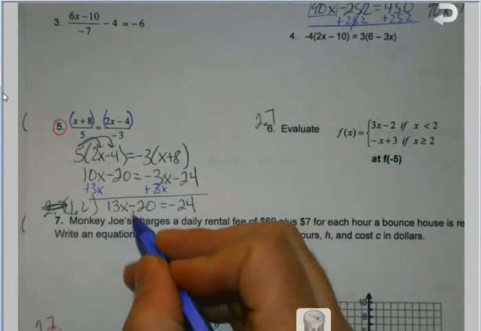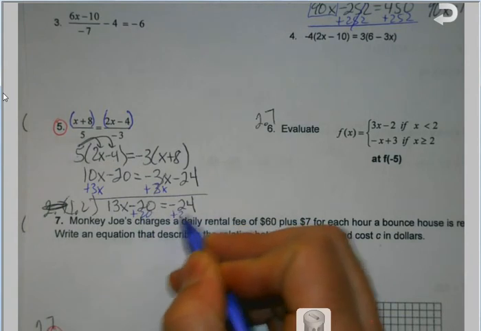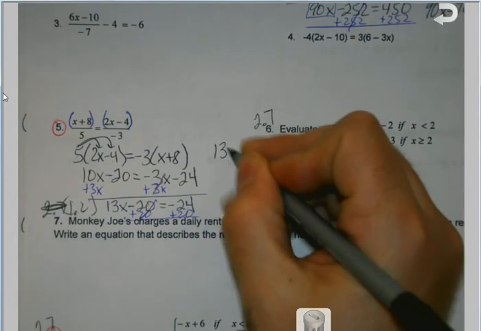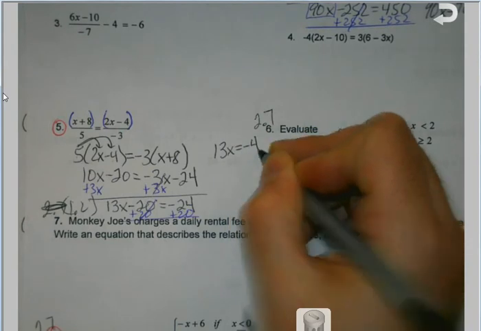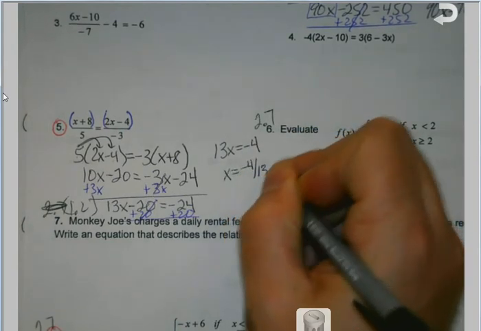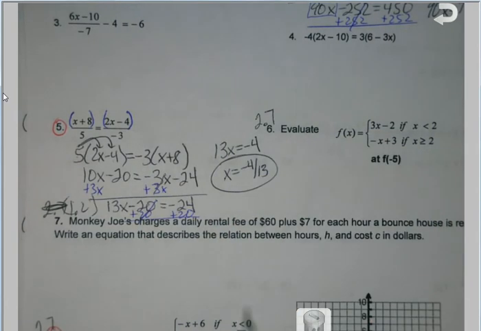And I'm going to have to add my 20. And divide by 13. And I'm set. So again, don't let fractions make you think anything's going wrong. More times than not, that's going to be the right way to go about it.